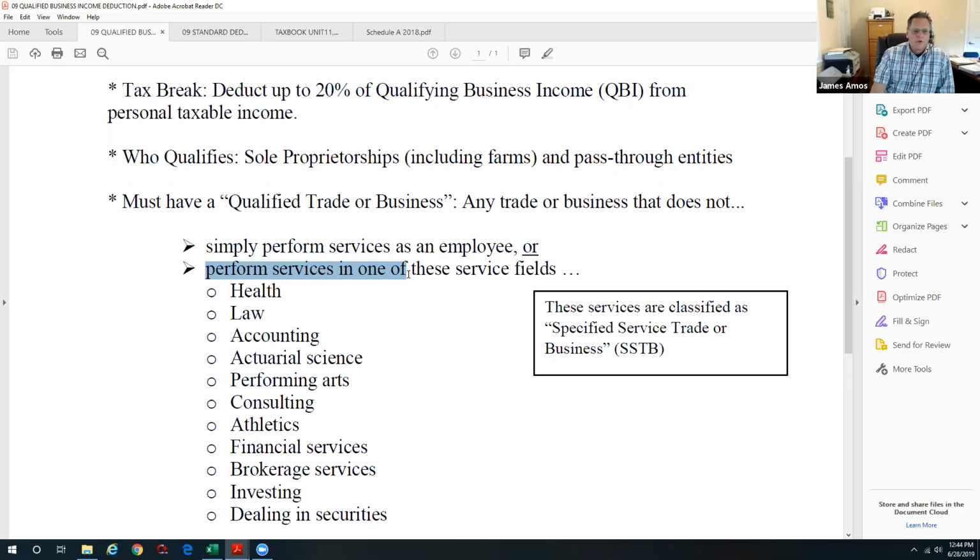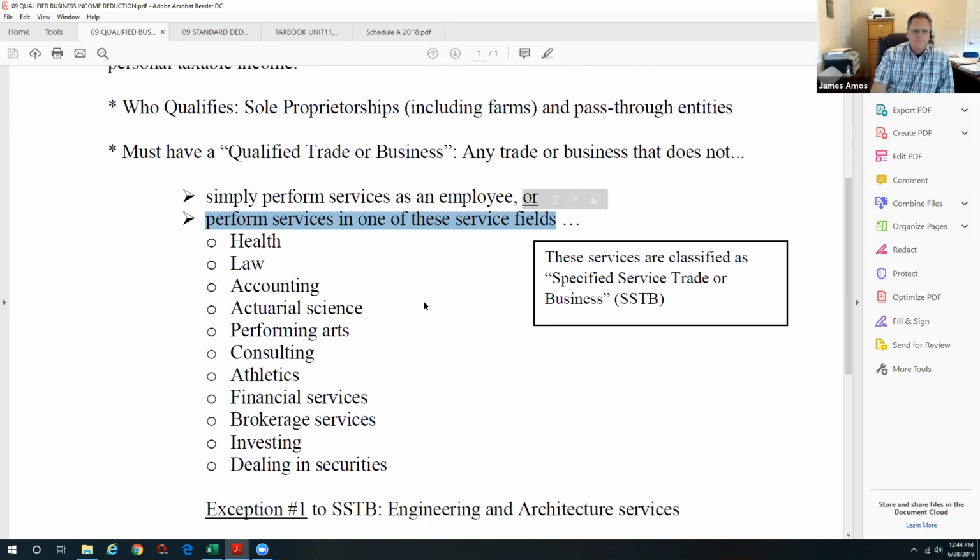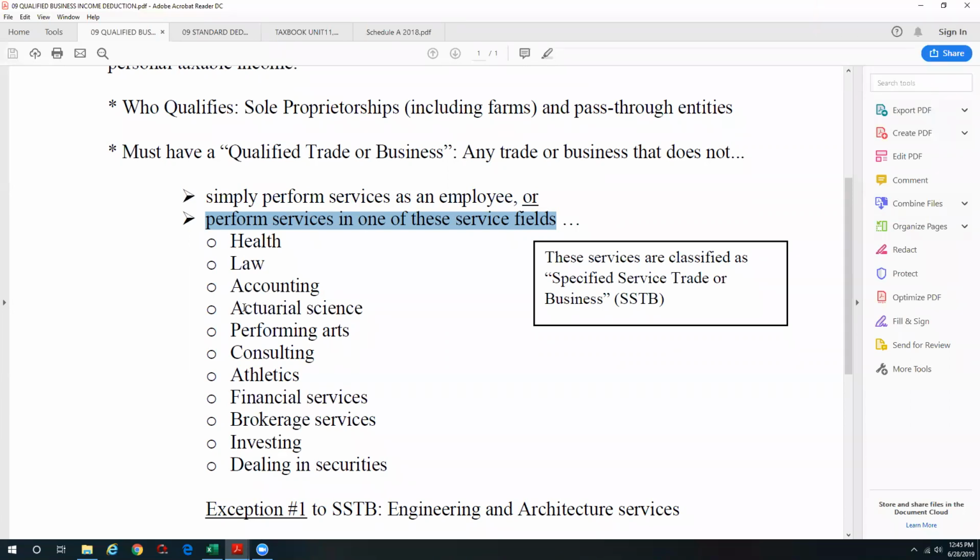Or you perform services in one of these fields, okay? Health, law, accounting, actuarial science, which relates to insurance. Actuaries make estimates of how likely things are to happen and how long someone is going to live.